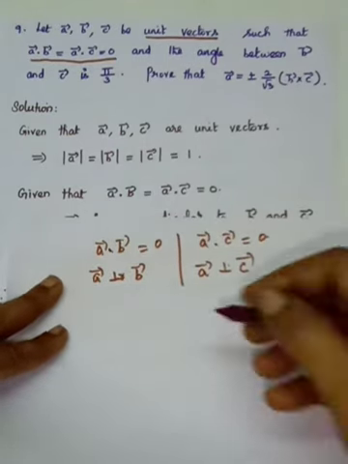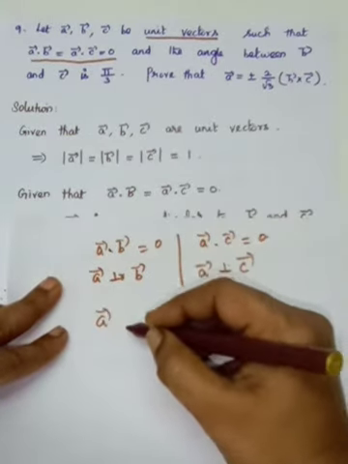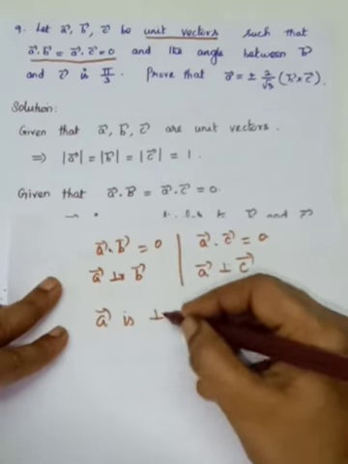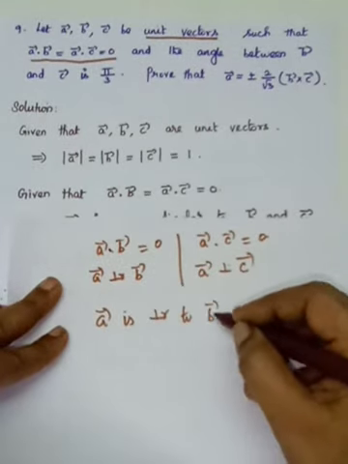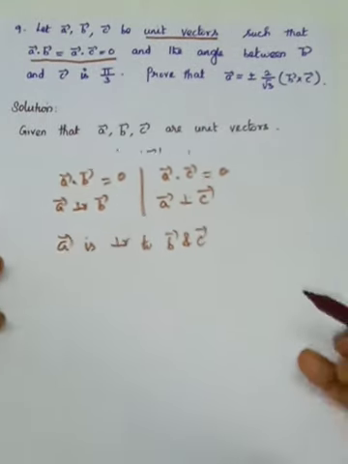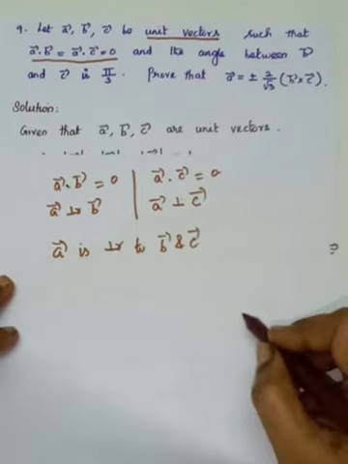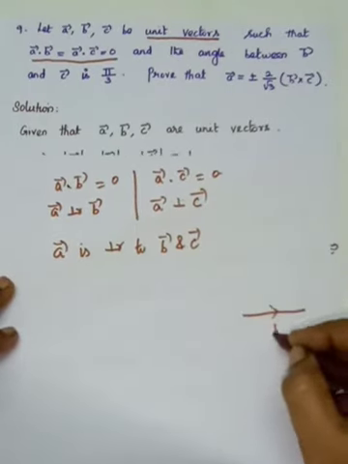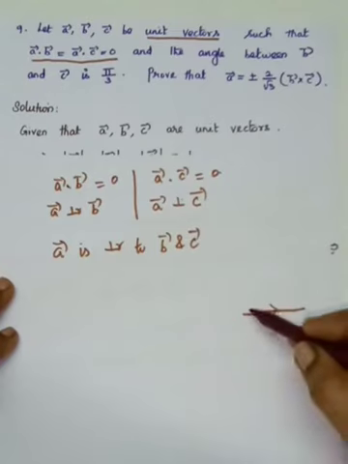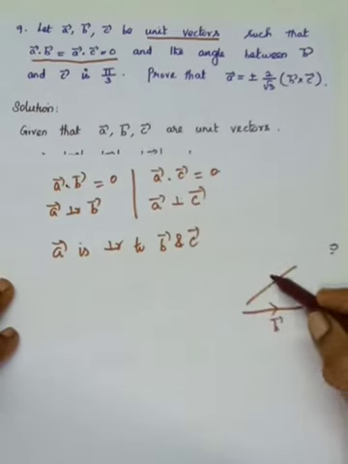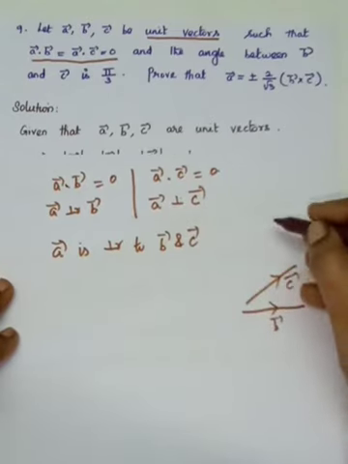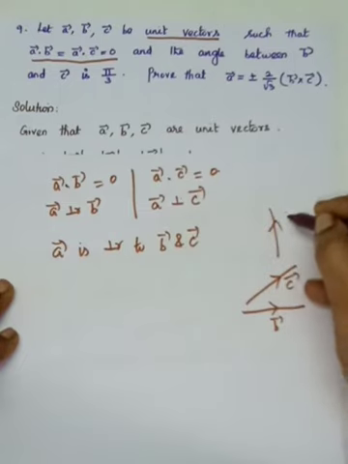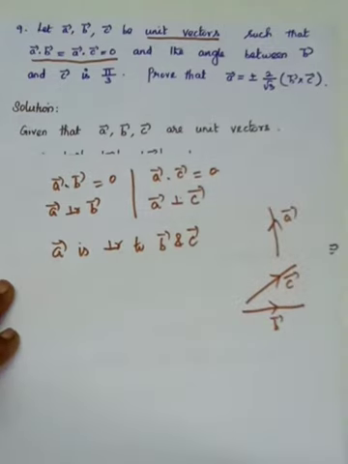Now how is your a vector? A vector is perpendicular to b vector and c vector. Suppose, for rough work, this is your b vector and this is your c vector. Your a vector is perpendicular to b vector and c vector.